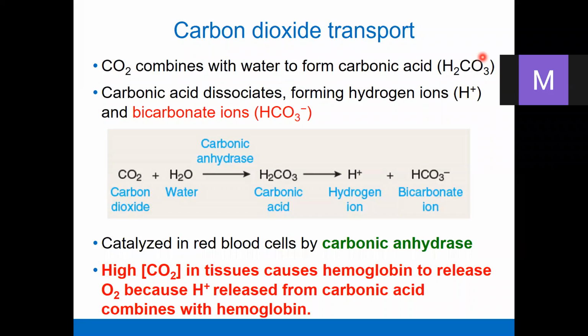That means the most important part of carbon dioxide is transferred in our blood as bicarbonate. If I ask you what is the most important transfer form of carbon dioxide, you may answer bicarbonate. Bicarbonate is the transfer form of carbon dioxide in our blood.